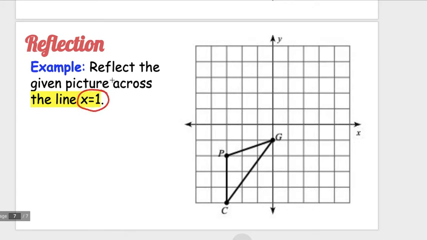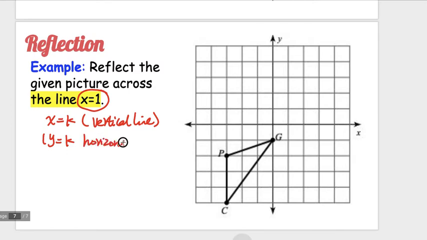One more thing I want to remind you: whenever x equals a number, this is a vertical line, because we are talking about when x equals 1, how is this line here? And if this is y equal to something, then there's going to be a horizontal line. So please make sure this is clear.